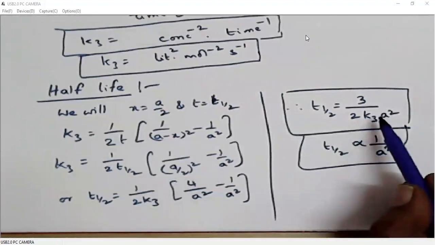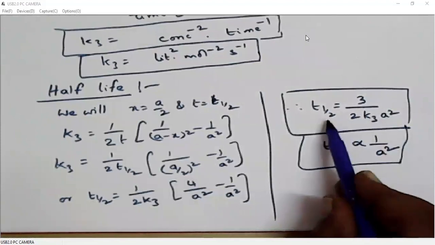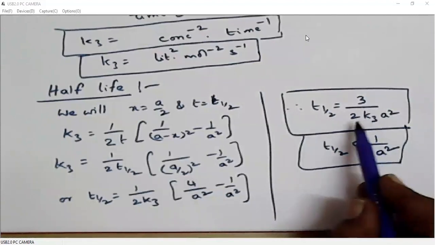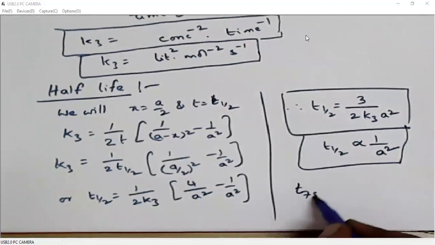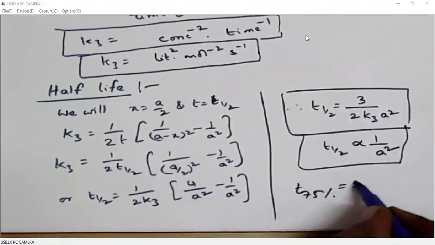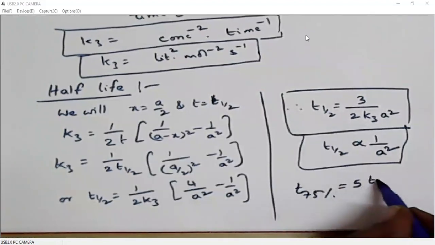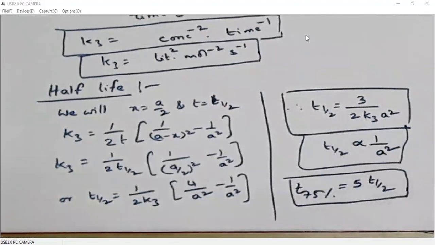So this is the expression for half-life of a third order reaction. t half is equal to 3 by 2 k3 into a square. Similarly, we can also derive the expression for 75% of a third order reaction. When we derive it, it becomes 5 times t half. For a third order reaction, t 75% becomes 5 times t half.